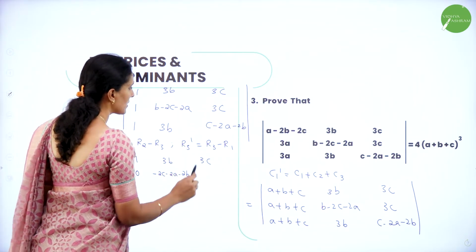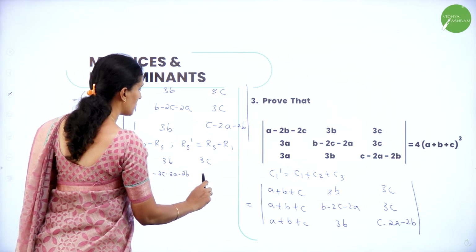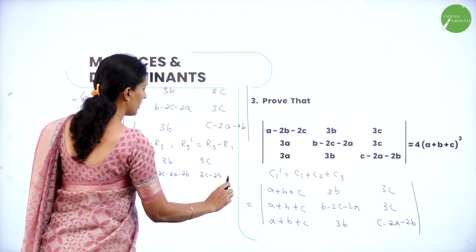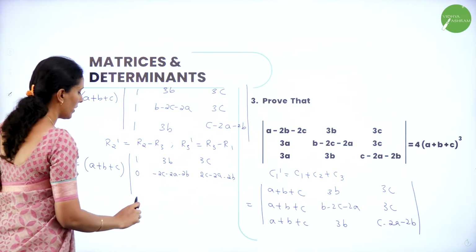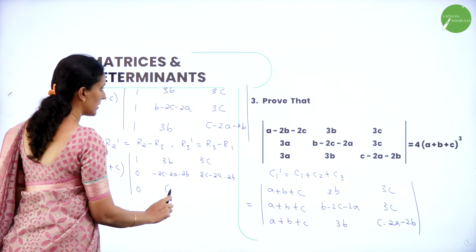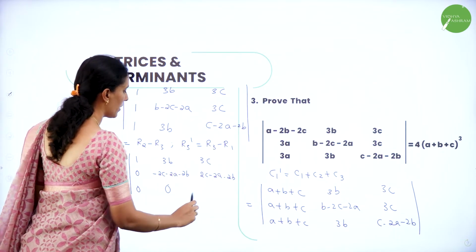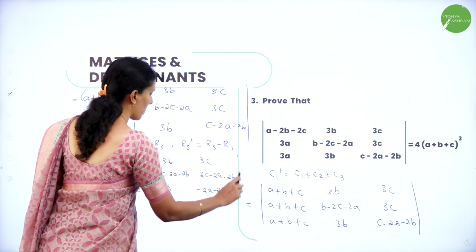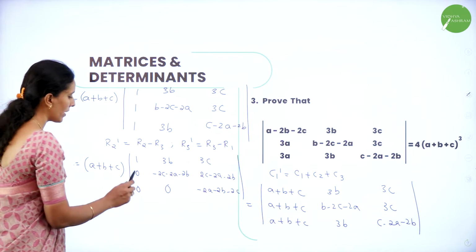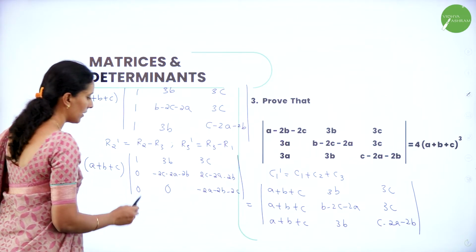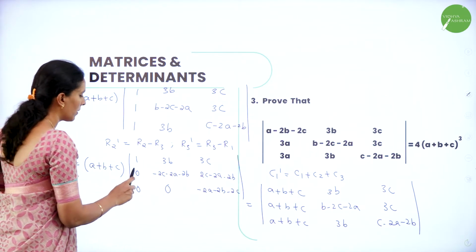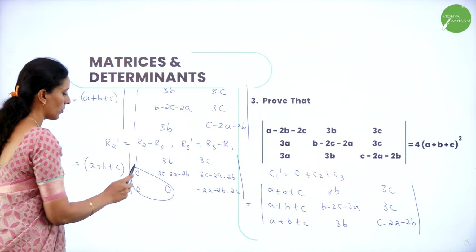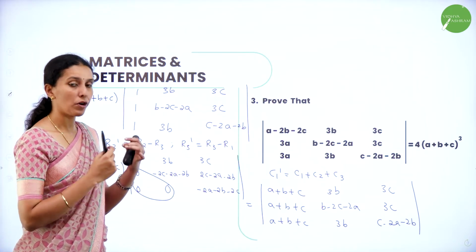Next, R3 minus R1 is 3c minus c becomes 2c minus 2a minus 2b. So next is 0, 0. So c minus 2a minus 2b becomes minus 2a minus 2b minus 2c. Clearly you can see these are the principal diagonals and the elements below the principal diagonal are 0. So using the determinant property, what does it say?